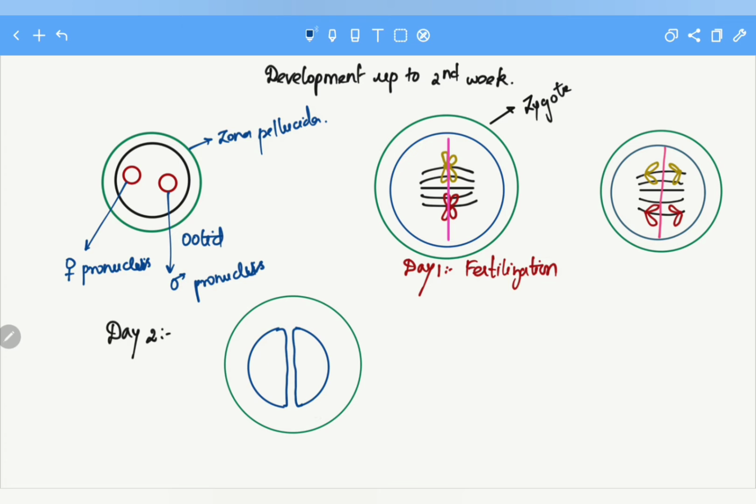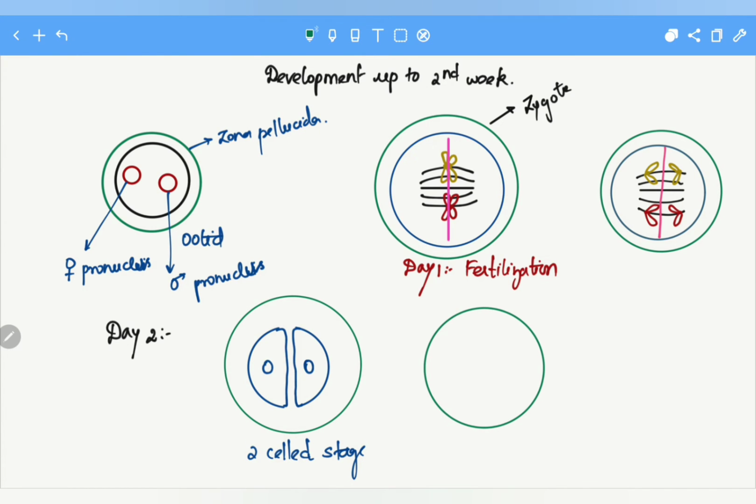This is observed on the second day after fertilization. On the second day itself, the cell undergoes another division to form the four-celled stage.